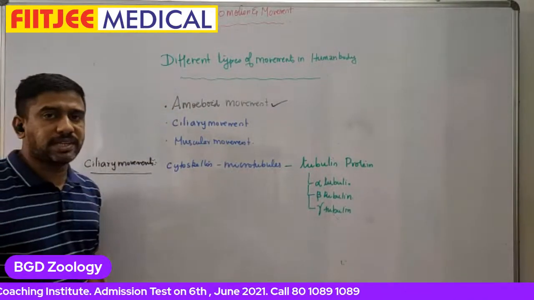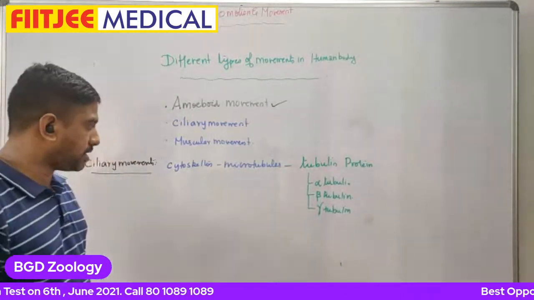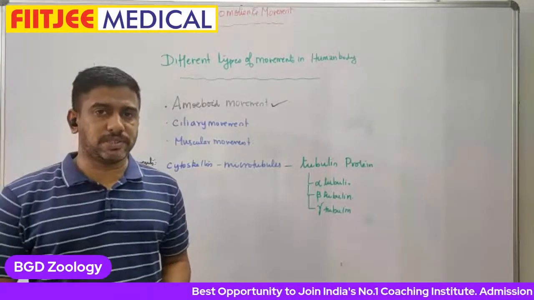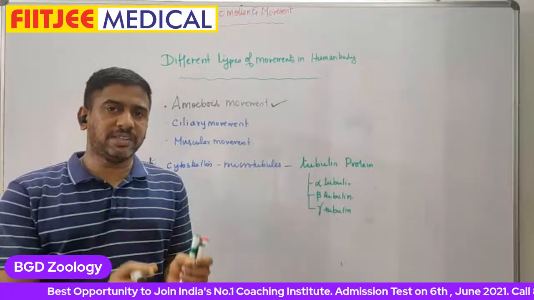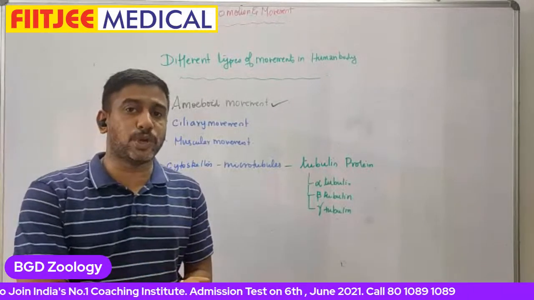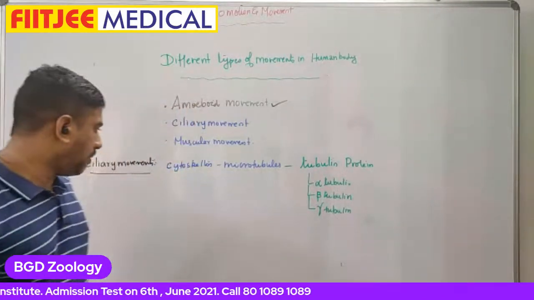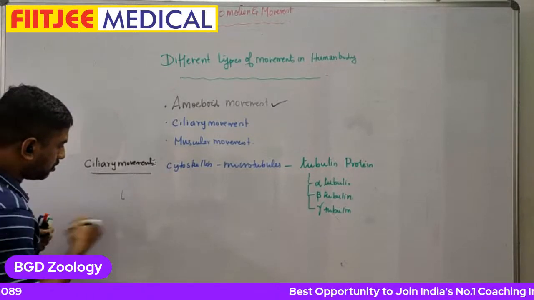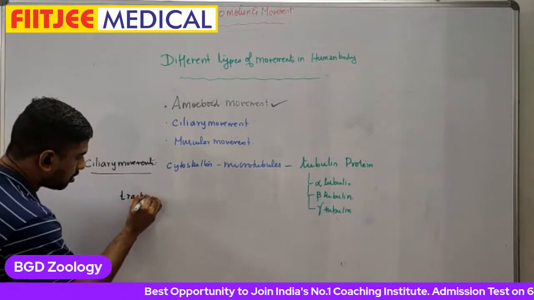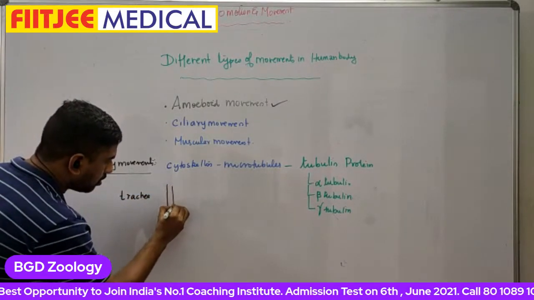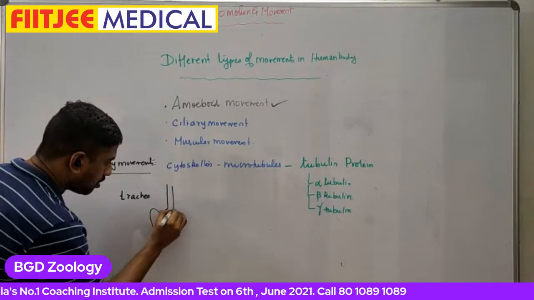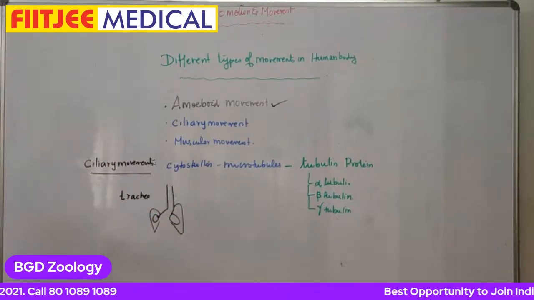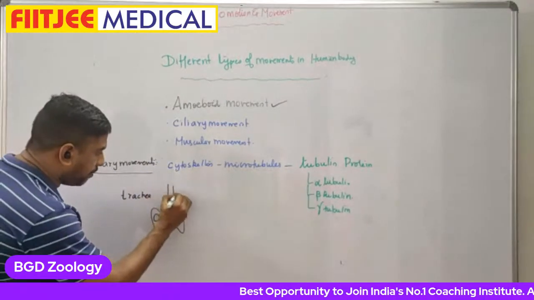Now, where can you see this ciliary action? That's a question you have to ask me. We have learned this many times: wherever the ciliary epithelia are present, in those areas you can observe the ciliary action. The number one region to consider is the trachea. Why does the trachea require this ciliary epithelium?